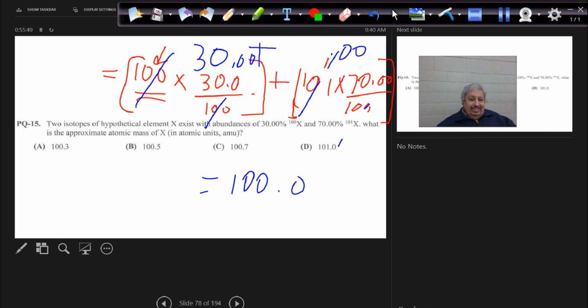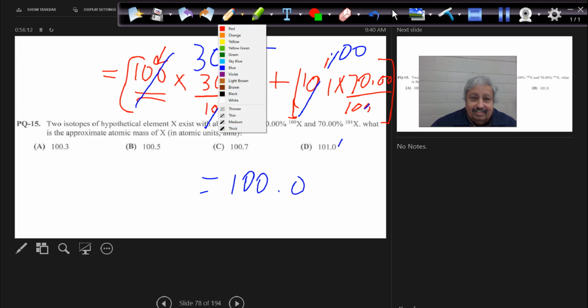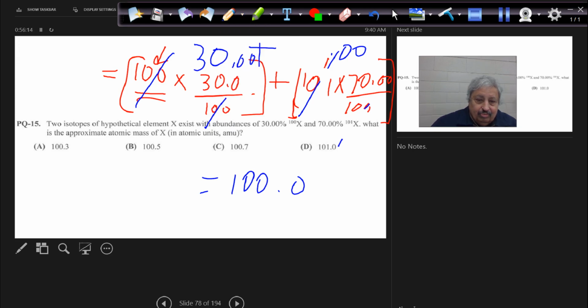So you tell me which one. So this one here is. So how much is it? E, C. Somebody said C. I don't know. I did not calculate. But one is atomic mass 100.